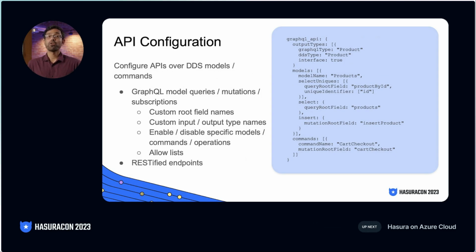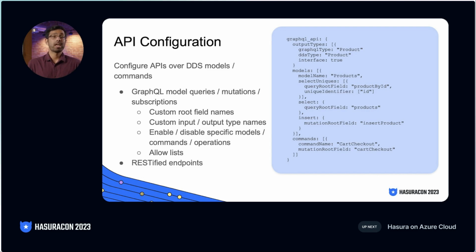Then, over the products model, it configures a query root field called product by ID, which filters the model using the ID field. Then, it configures query and mutation root fields for a general product select API and a general products insert API. Finally, it also configures a simple mutation API over the card checkout command.